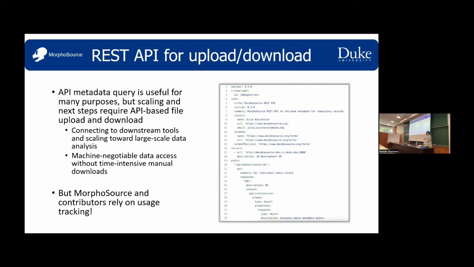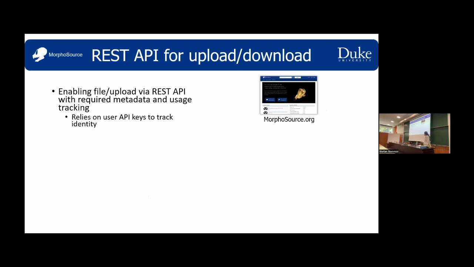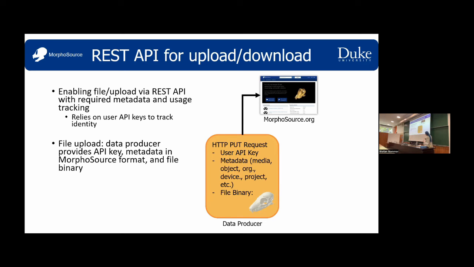So we have to sort of thread a needle here that allows people to pull down data through an R script or something, or through a Python script that still lets us do usage tracking, which basically we're looking at greatly expanding how we use the API endpoints and specifically the user API keys, so that someone who wanted to, a data producer, would be able to put together a data bundle, sort of an HTTP put request that would have their authentication usage key, all the metadata they wanted to add and the file binary, so they could push that up to MorphoSource API-wise.